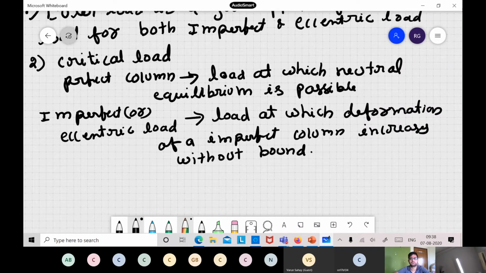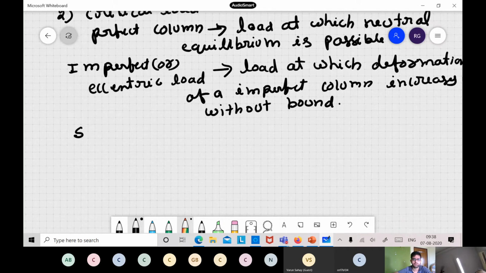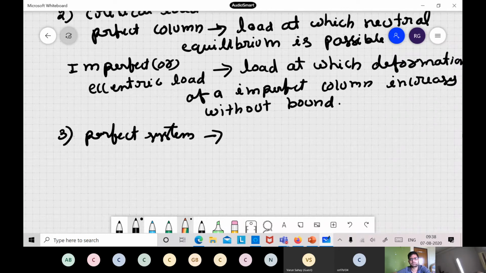That means a small initial deformation you give, and the deflection increases so many times, then that is what we take as the critical buckling load. Okay, so now this also gives you a nice definition of critical load. Previously, for a perfect column, it was neutral equilibrium. Now we can also define the critical buckling load or Euler buckling load. Even for a perfect column, if we want to derive the critical buckling load, one way is mathematically checking neutral equilibrium.